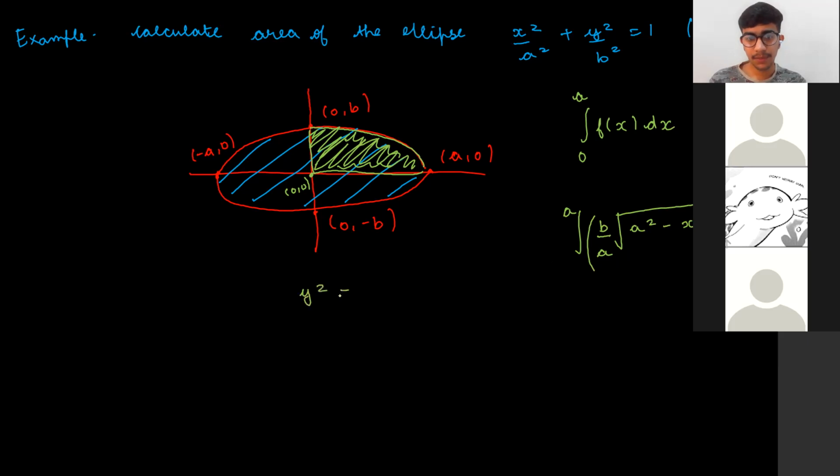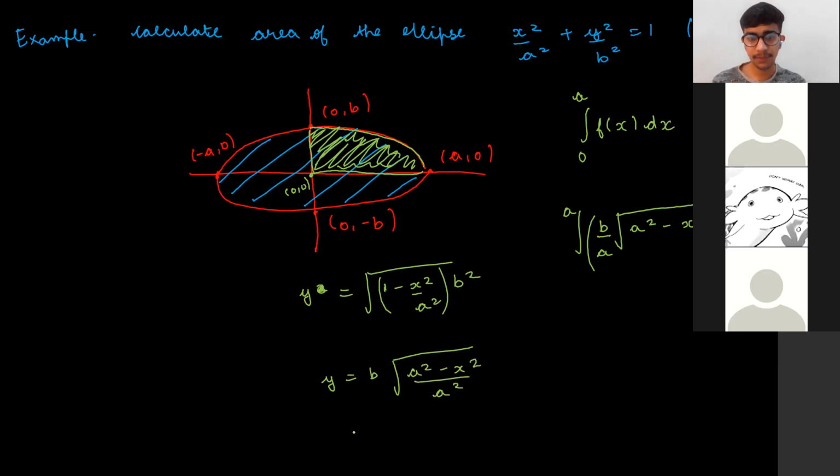So y square is equal to, sorry, y is equal to square root of 1 minus x square by a square times b square. So b square comes out of the integral, so y is equal to b times square root of, I take the LCM, so this will be a square minus x square by a square. Okay, got it.